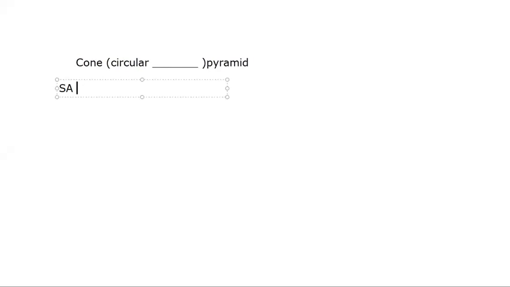And the surface area for a cone is pi times r times s, like Sam, plus pi times r squared. What is s?